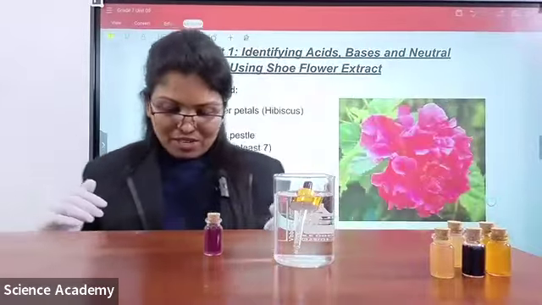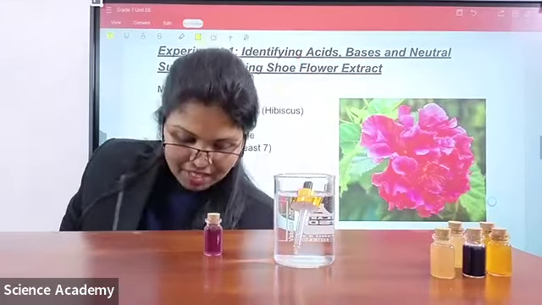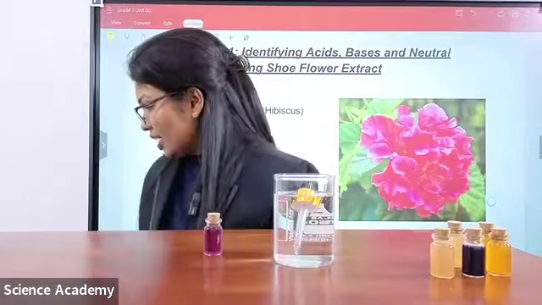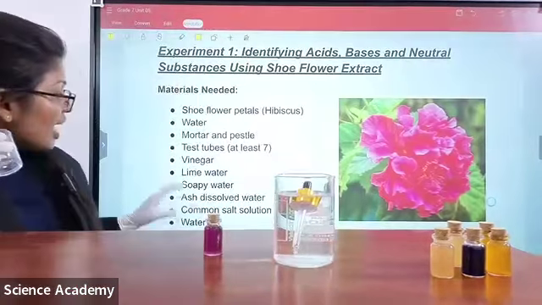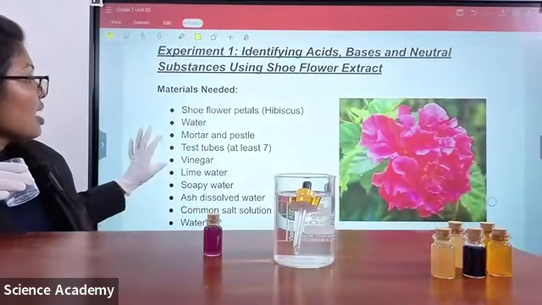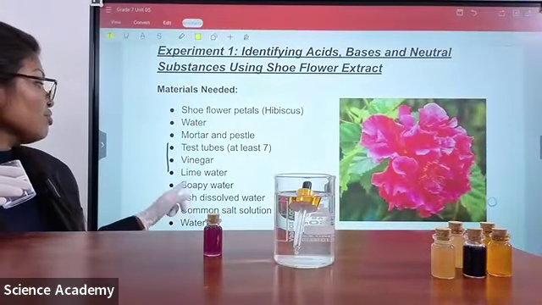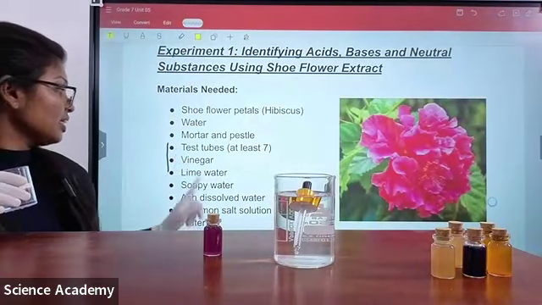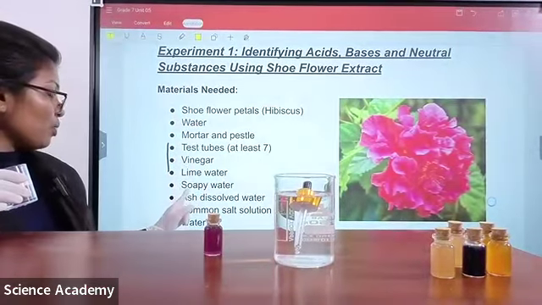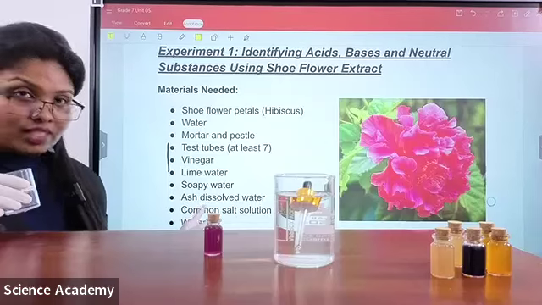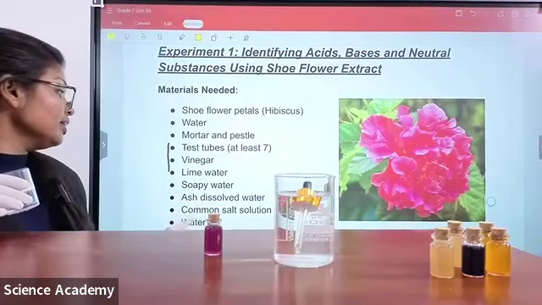Right. Okay. So here children, in your textbook, they have asked us to have vinegar and lime water, right? And we need to have soapy water, ash dissolved water. Here I have not prepared ash dissolved water.